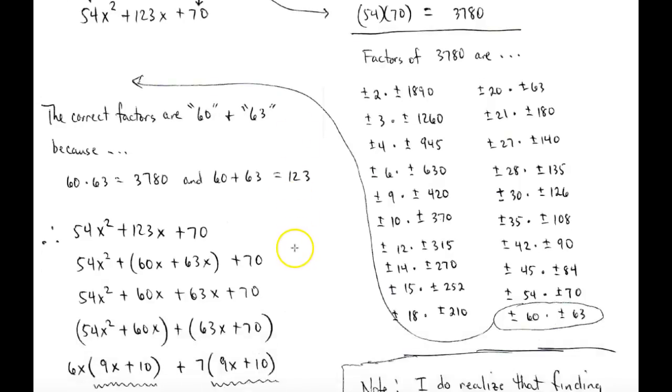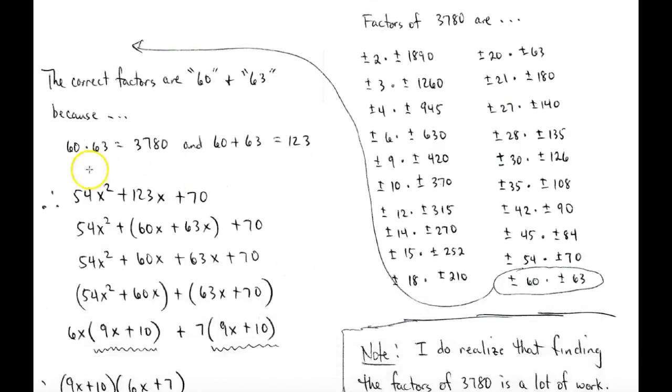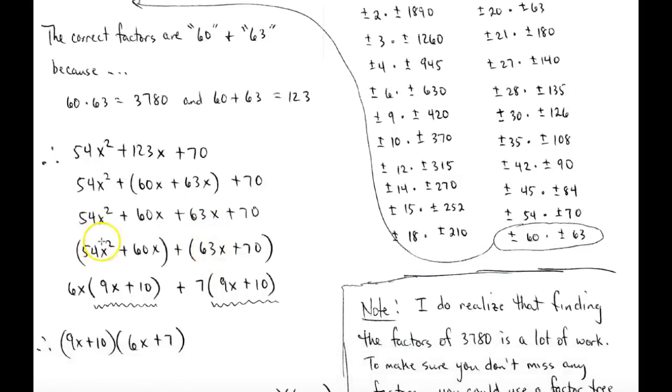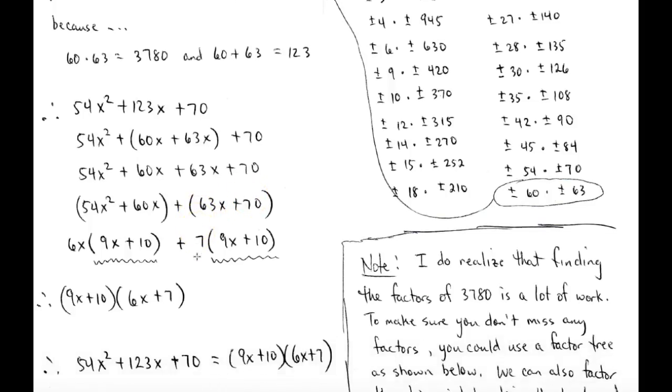And so we take that, and from here, we rewrite 123x as 60x plus 63x. So we write that, group the first two terms, group the last two terms, and then factor out the greatest common factor for each. For the first two terms, factor out a 6x, and for the last two terms, factor out a 7.